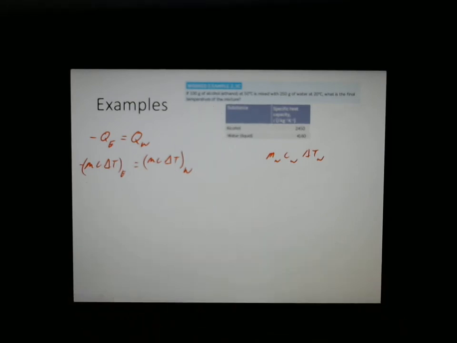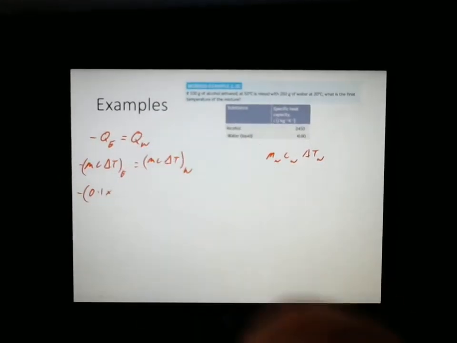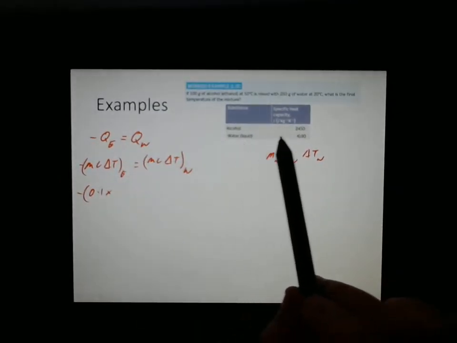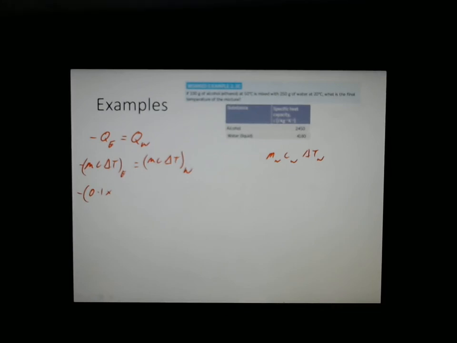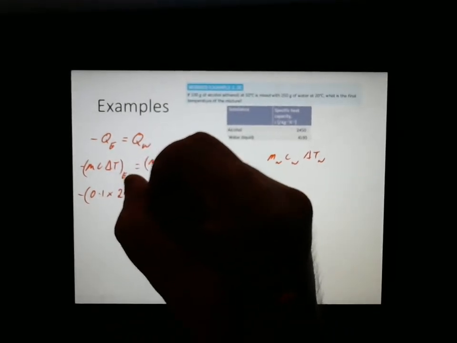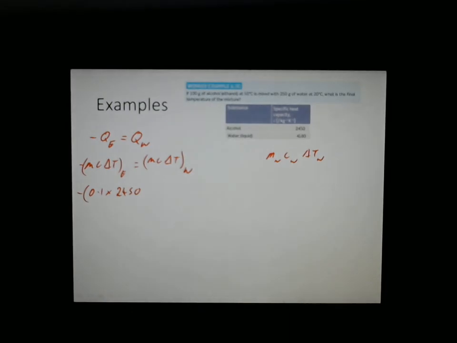We're told it's 100 grams, so that's going to be negative of 0.1. The specific heat capacity of alcohol is told as 2450. Now, sometimes when you are doing these sort of calculations and you go, I don't have the one that says exactly ethanol, because there are some other types of alcohol. Methanol is another really common one.